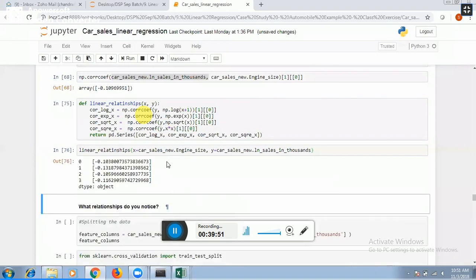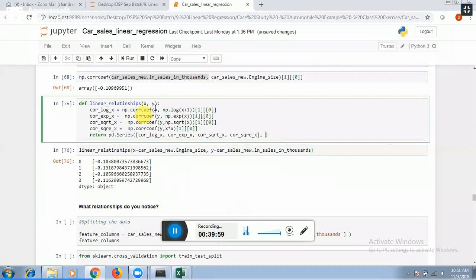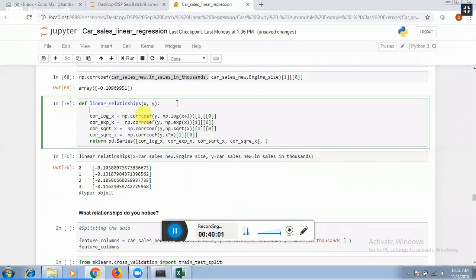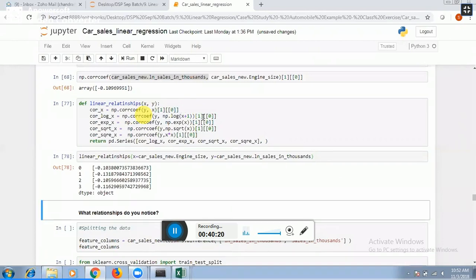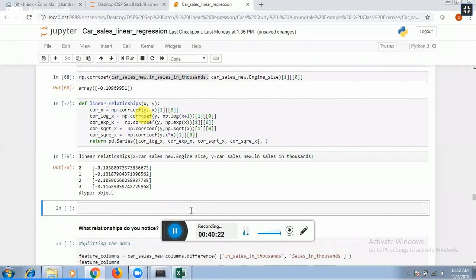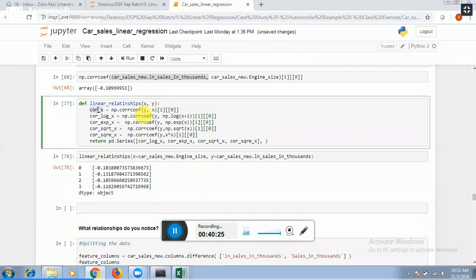Yeah, so now you got the values for each individual correlation coefficient, right? Of course, in case you want to give the index, maybe you can also try including the correlation with X. So np dot, because I want to see Y comma X, correct? So if I want to include, I can include this one. And I want to give the index to this one.